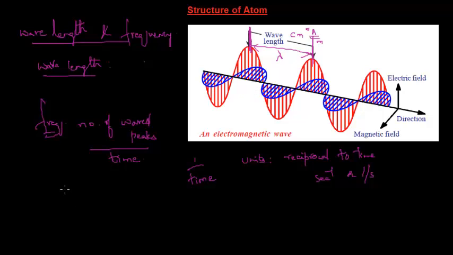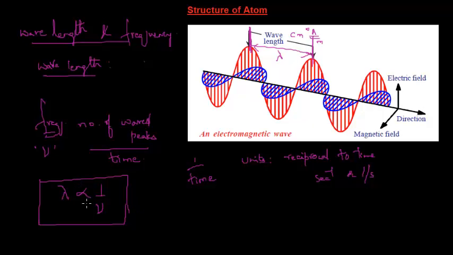Therefore, we can say that as the wavelength increases, the number of waves or wave peaks decreases. Therefore, it is inversely proportional to frequency, which is denoted by this letter. So, this is the relationship between wavelength and the frequency.